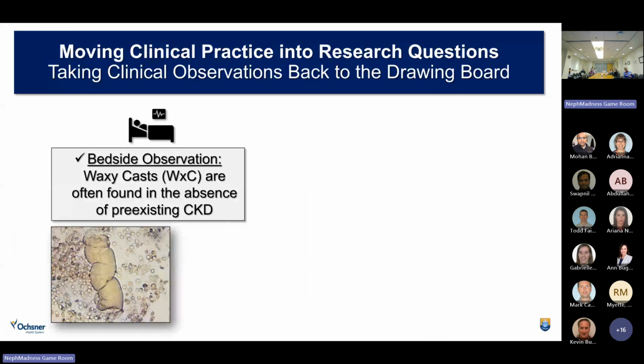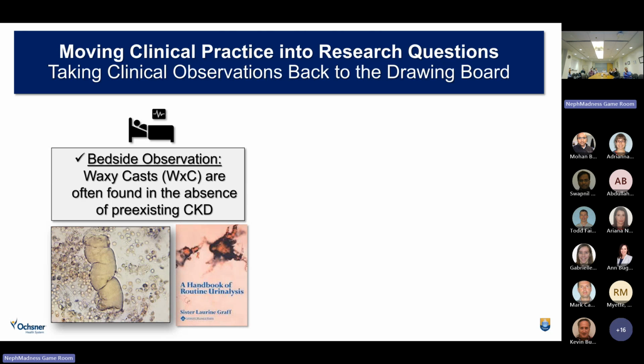Okay, going back to the drawing board, the other observation that we had was that waxy casts are often found in the absence of pre-existing chronic kidney disease. Why was that important? Because some of you may be familiar with this Handbook of Routine Urinalysis by Lorraine Graff.